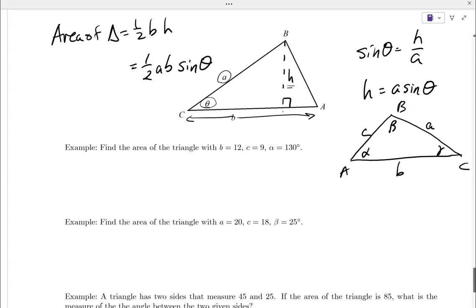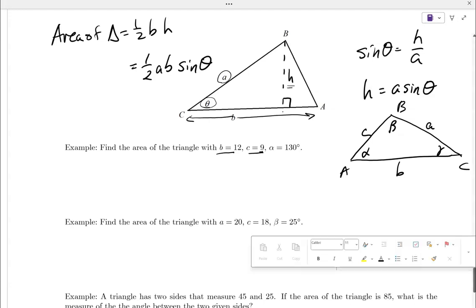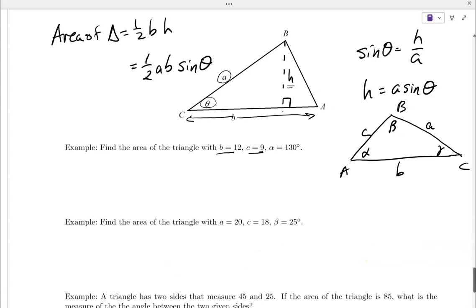So in this problem, it says we've got B and C. The angle included between B and C is alpha. Okay. So we really do have two sides and the included angle. So your area will be one-half times 12 times 9 times sine of 130 degrees.